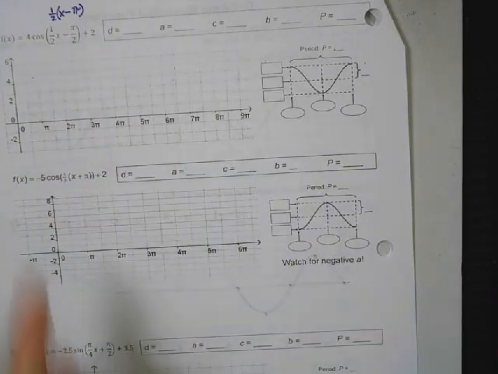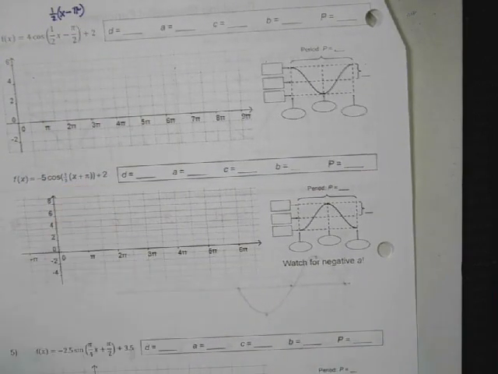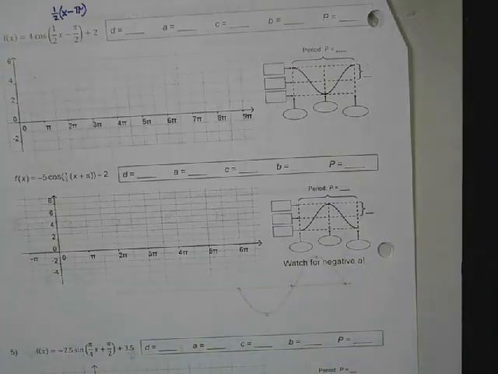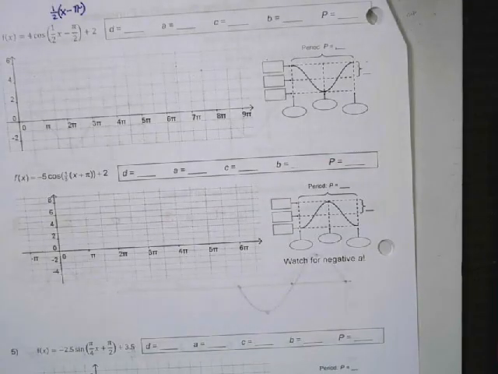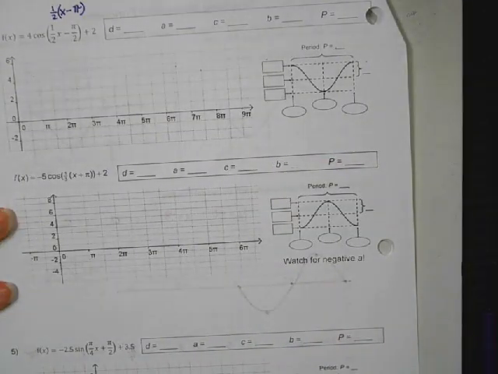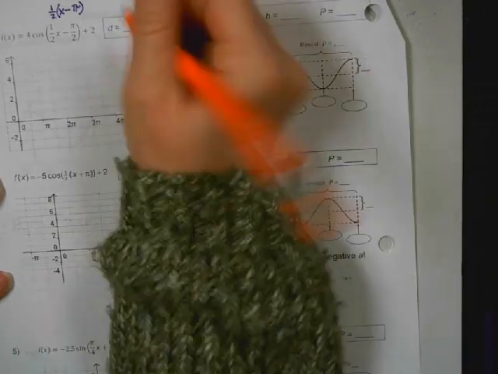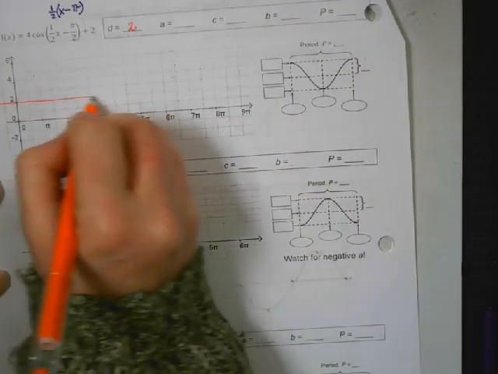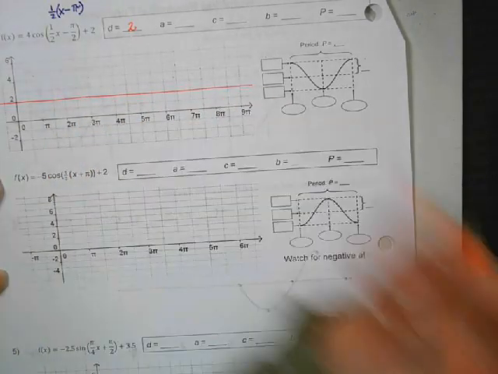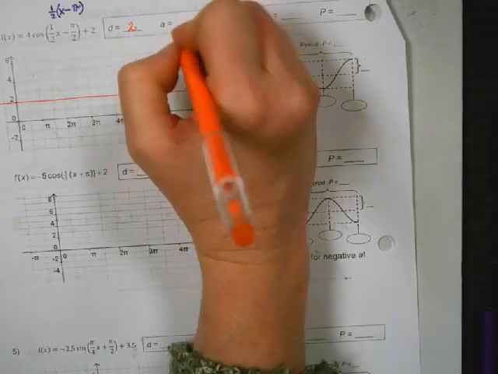Sometimes, like you can see in number 4, it's actually already been pulled out. All right, so my d value is up to... my a value is 4.